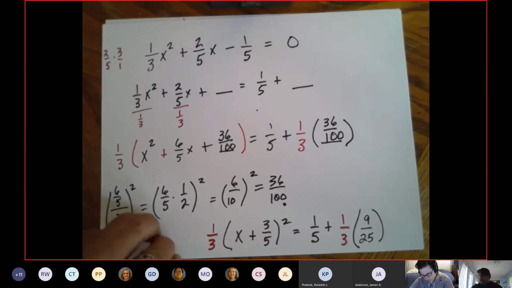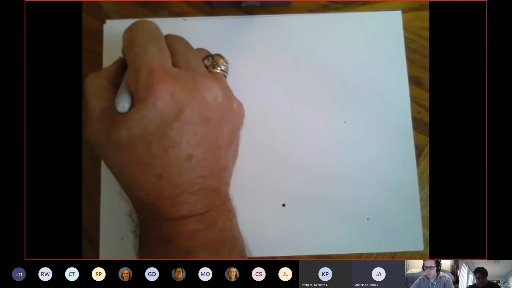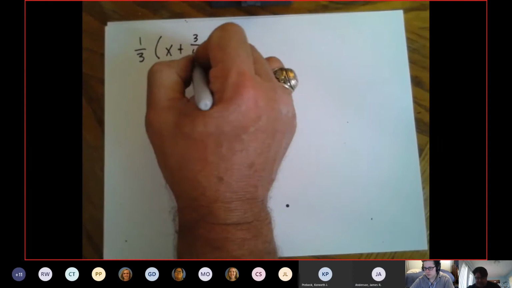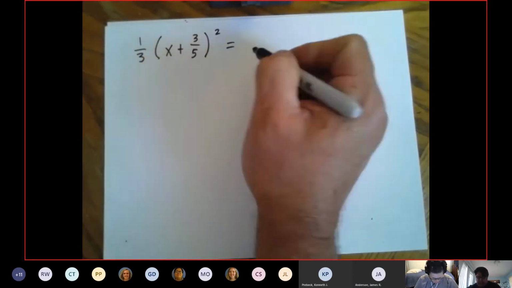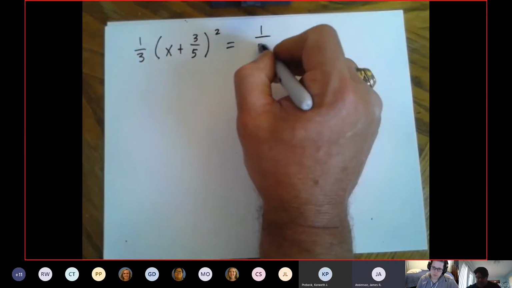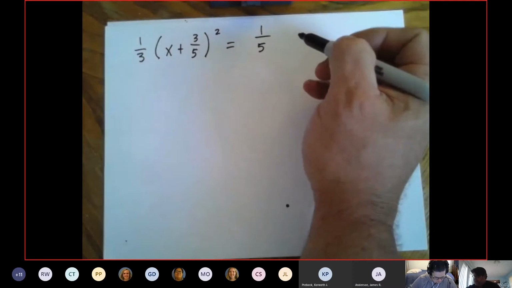Okay, so I'm going to take it to the next page, and I'm going to rewrite it. 1/3 x plus 3/5 quantity squared is equal to 1/5, and what is that, plus 9 over 75?